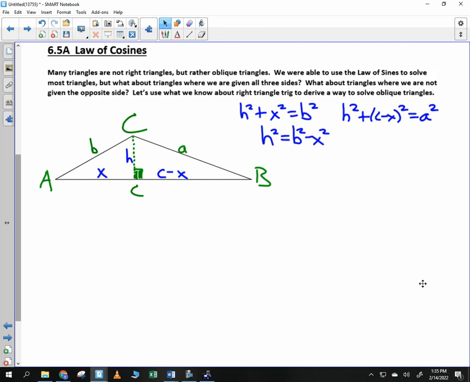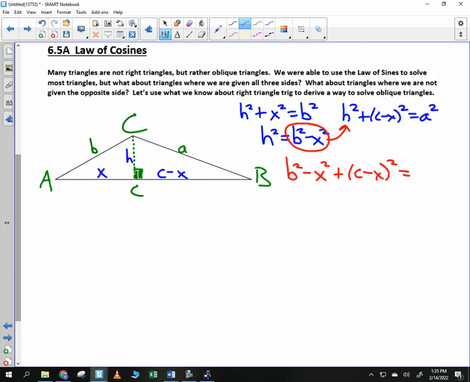I'm going to take just a slightly different approach than I did the hour earlier today. If this is equal to H squared, I can substitute it right in there, can't I? Notice how my H's will disappear altogether. So we have this expression now, B squared minus X squared equal to B minus X squared plus A squared, or minus plus C minus X quantity squared is equal to A squared.